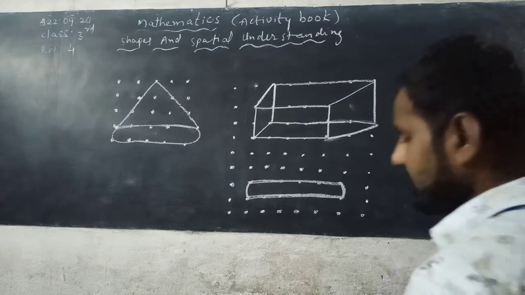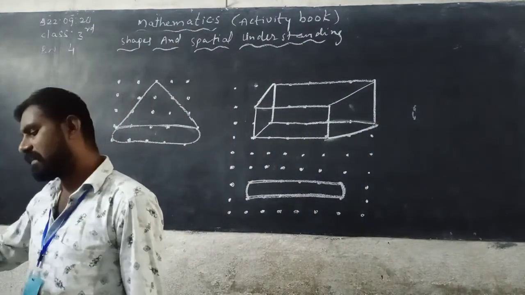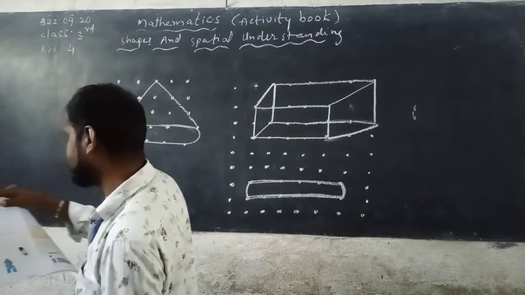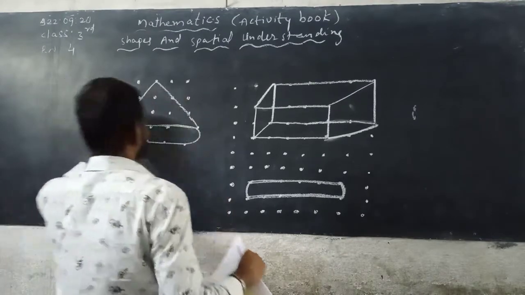So now next, second bit. Count the number of triangles in all the pictures and the number in the box.